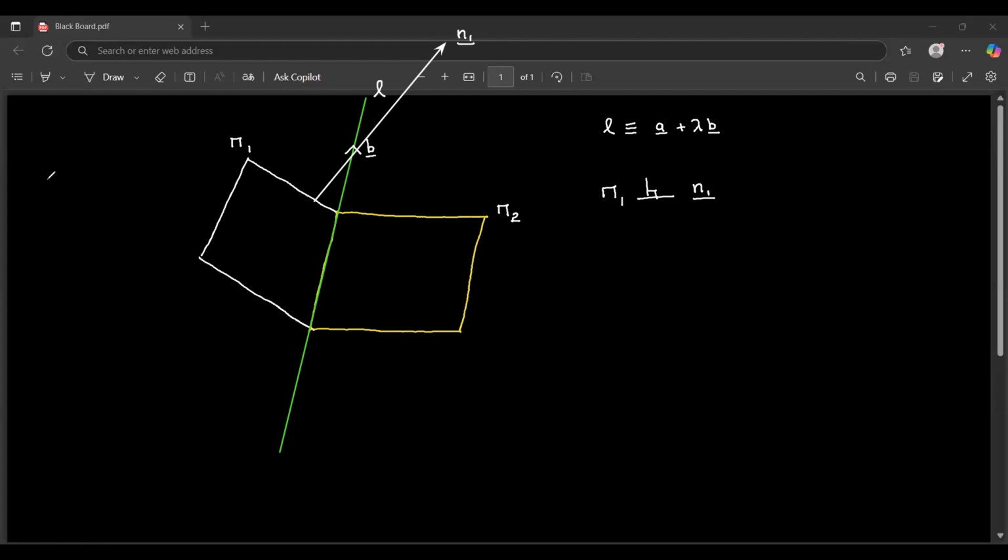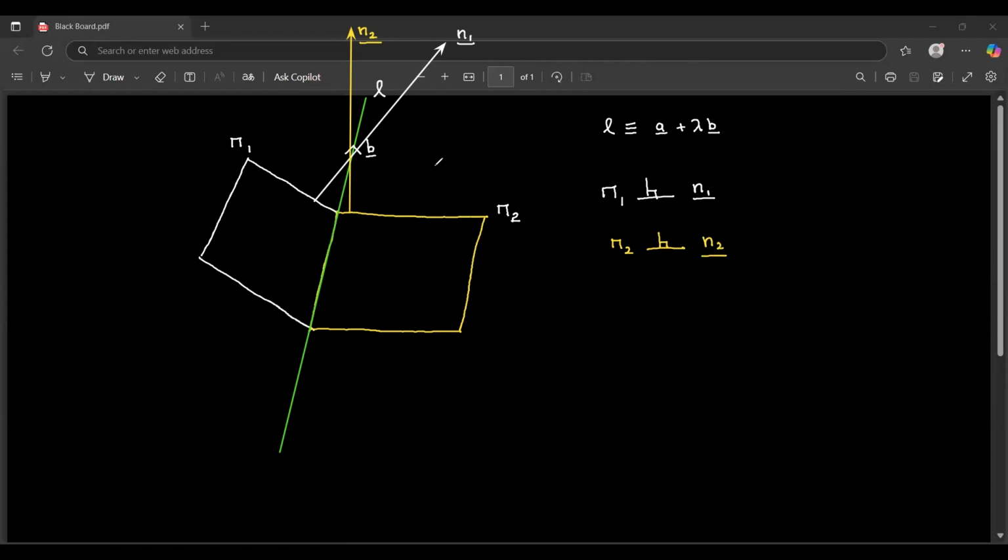And we can find the n2 vector, which is perpendicular to the other plane. Let's say that lies here. Not this one. What about this? Yeah, this works perfectly. So here we have n2, and pi 2 is perpendicular to n2.